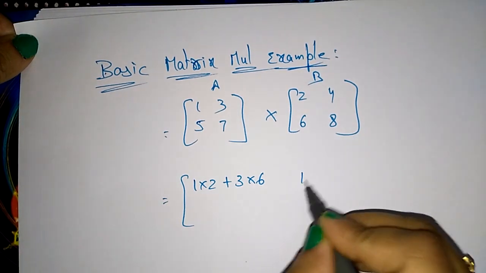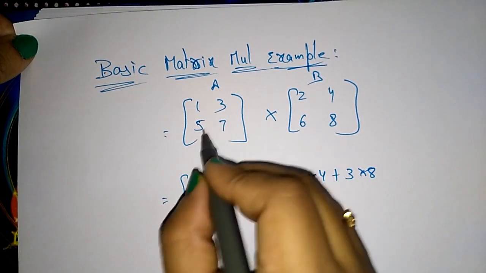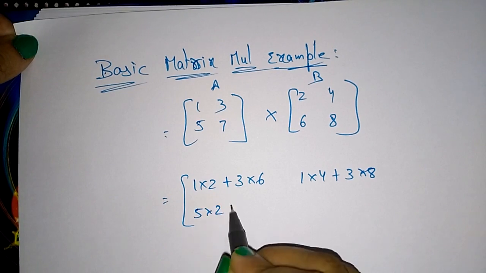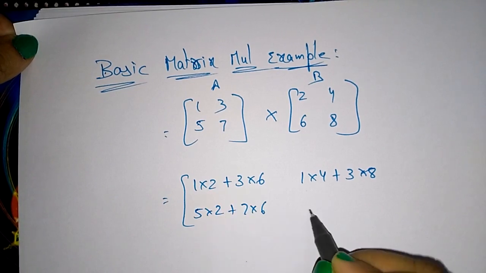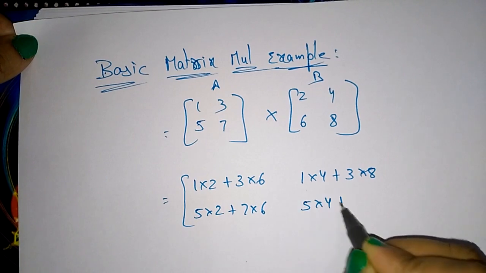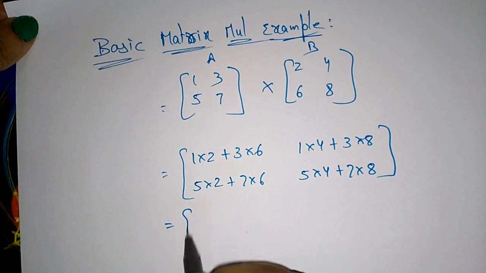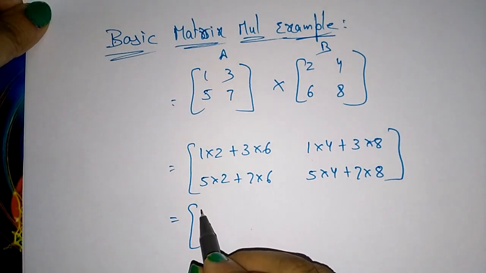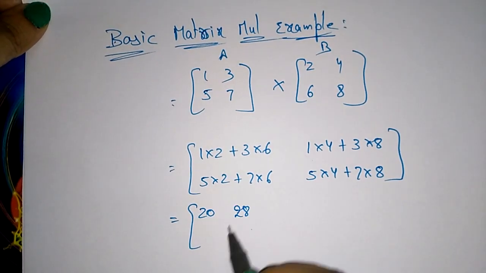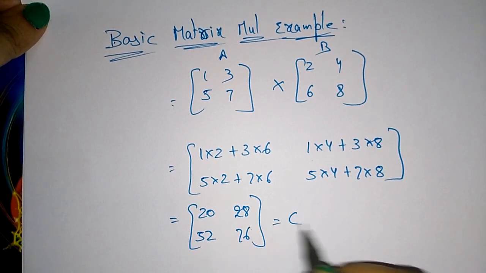Next 1 into 4 plus 3 into 8. Now this row, 5 into 2 plus 7 into 6. Next this column, 5 into 4 plus 7 into 8. So in total you get 20, 28, 52, 76. This is the C value.